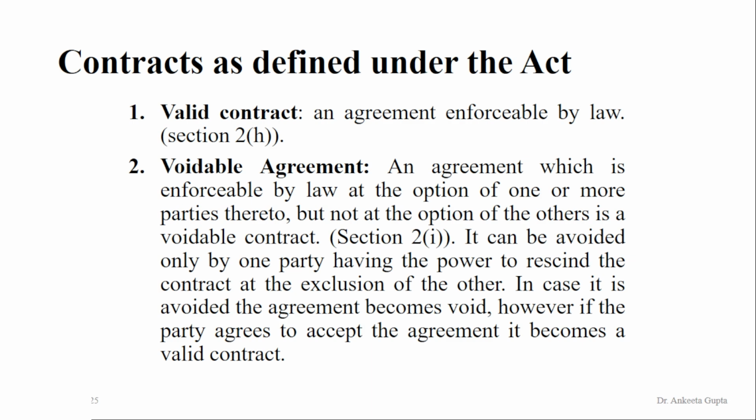A voidable agreement, on the other hand, is an agreement which can be enforced only by one party as against the other. And it can be avoided by only one party, having the power to rescind the contract to the exclusion of the other. And this could be primarily because one of the parties may have misrepresented.